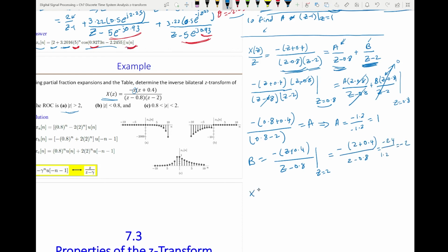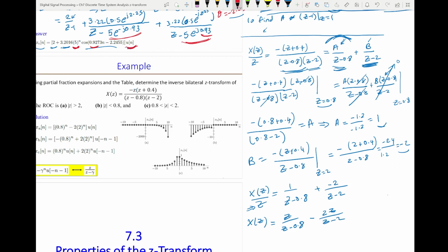So X of z divided by z equals A, which is 1 divided by z minus 0.8, plus B, which is minus 2 divided by z minus 2. Now multiply every component here by z, I will have X of z.